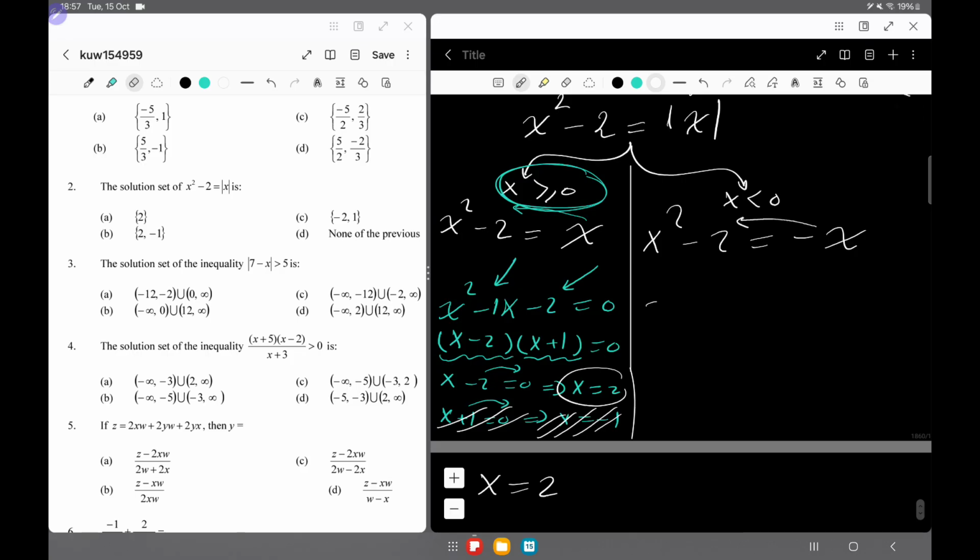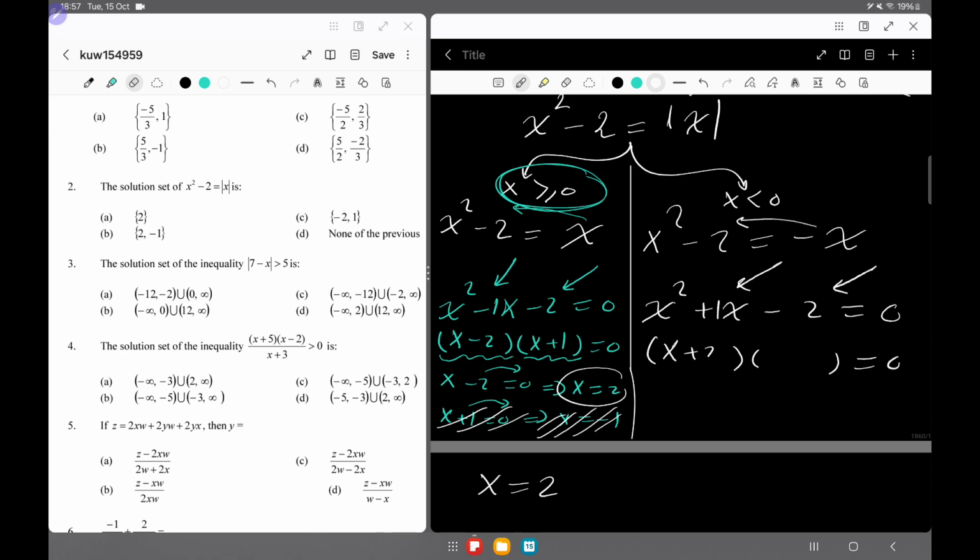Shift this to the first side: x squared plus x minus 2 equals 0. So I have to factor two numbers whose multiplication is negative 2 and adding is plus 1. It's (x plus 2)(x minus 1), because plus 2 times negative 1 is negative 2, and plus 2 and minus 1 is plus 1.